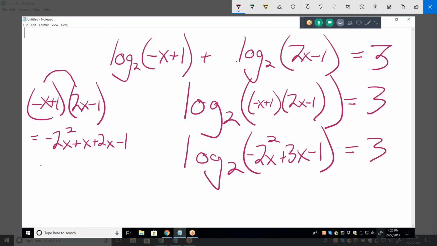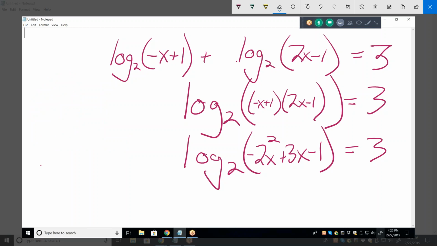Now, this is the part where you turn it into an exponential. How do I translate that? Every logarithmic expression can be turned into an exponential expression. And it's absolutely vital that you be able to do both ways. You need to be able to turn log expressions into exponential and exponential into log.